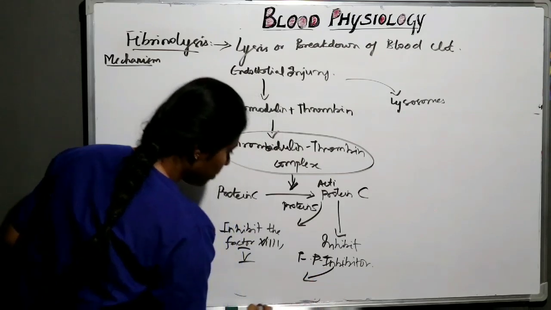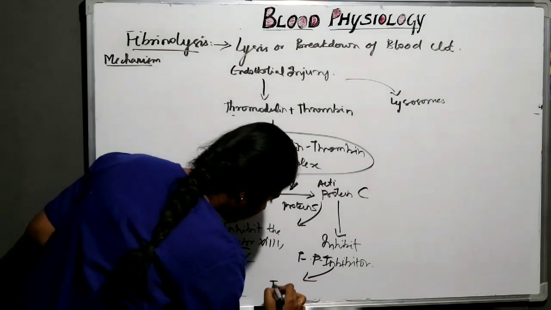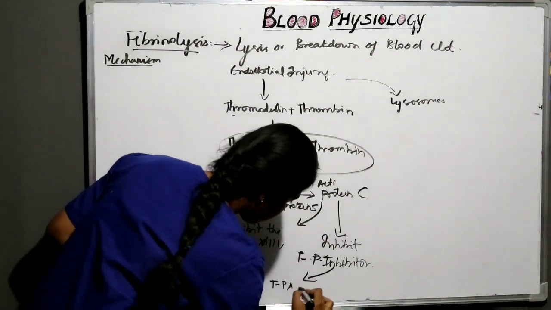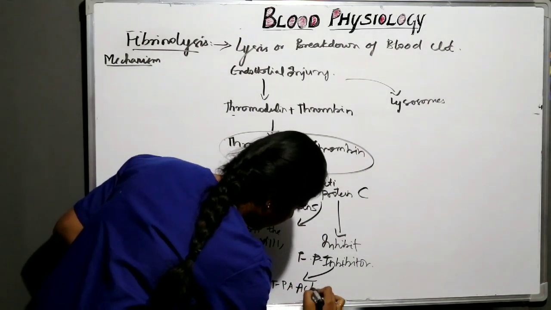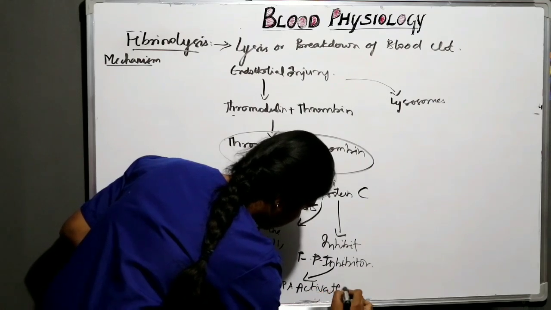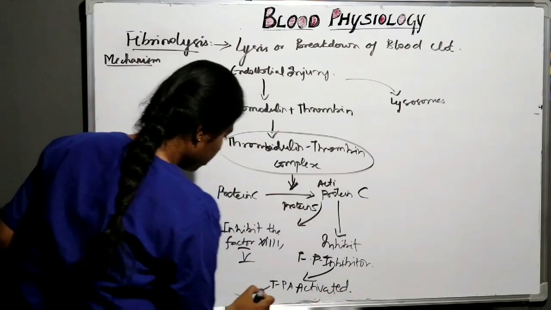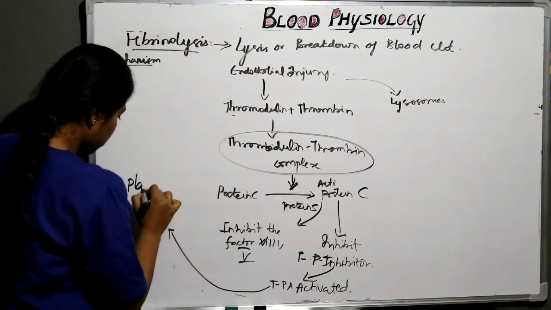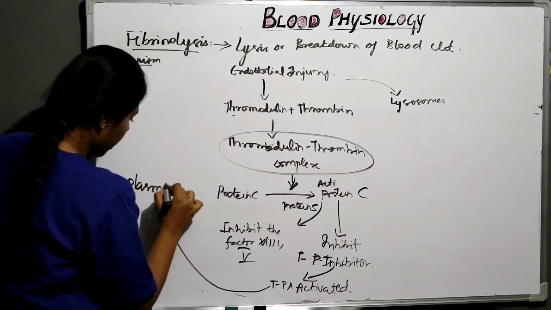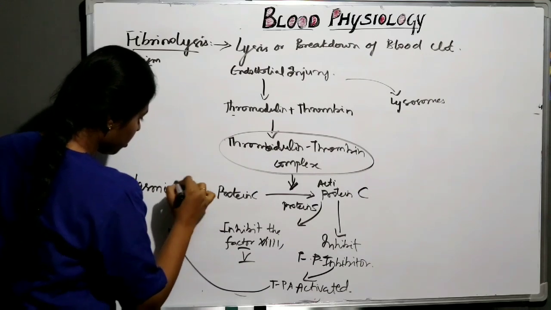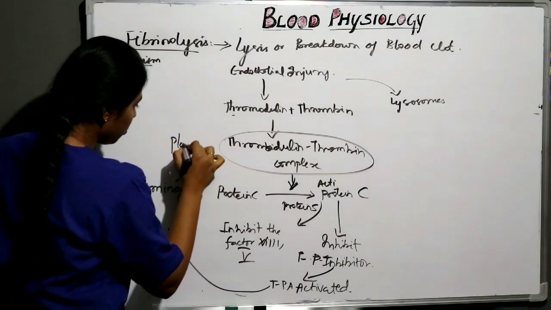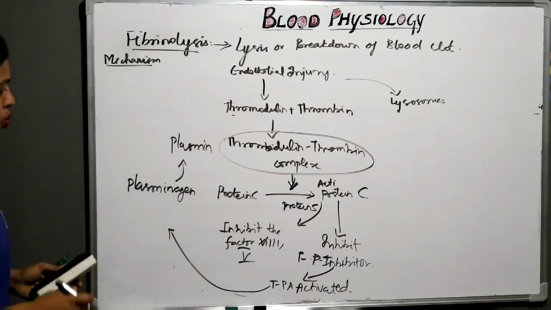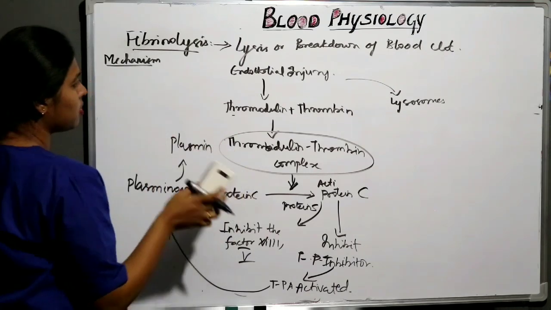So when it is inhibited, it further combines to form. So UPA is activated. Then plasminogen is converted into plasmin. This is the mechanism of fibrinolysis.